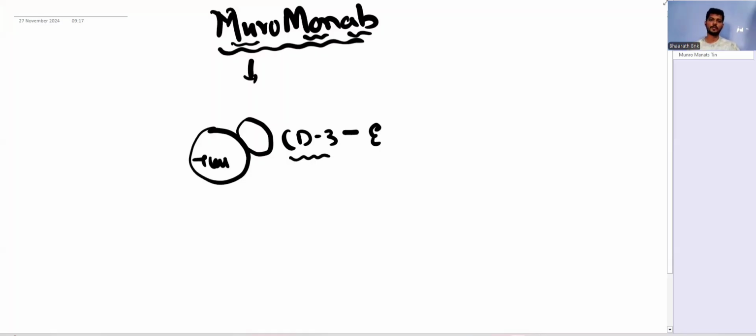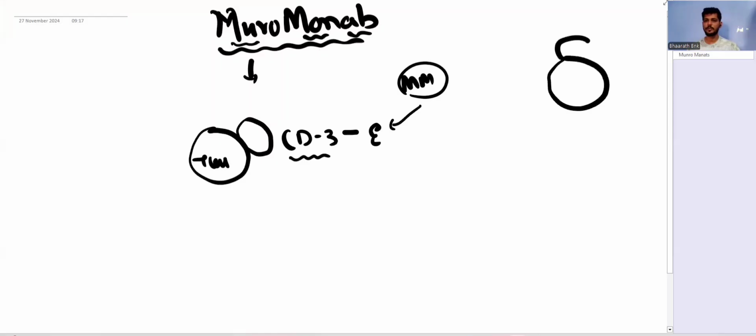Because this is a monoclonal antibody, when you give muromonab, this will come and act on this epsilon chain. Now all these are cell surface receptors. It means for them to receive signals, they need to be present on the cell surface. But once muromonab comes and binds to the epsilon chain of the CD3, it causes internalization of this receptor. So this binding makes the receptor internalize into the cell.